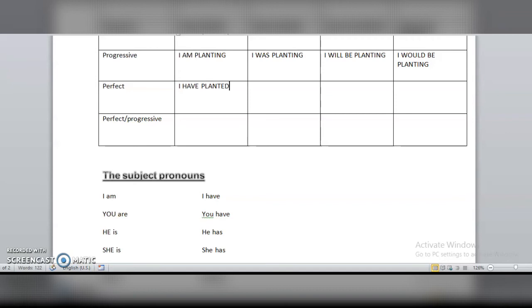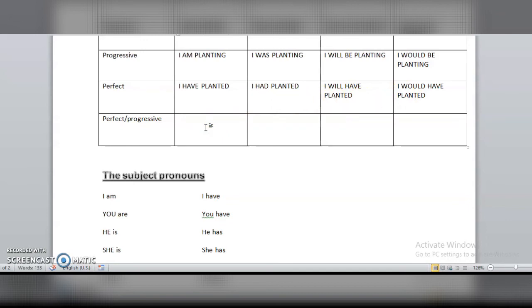Here I get I had planted, and here I will have planted, with the past participle. And then I get the conditional: I would have planted. Very easy.